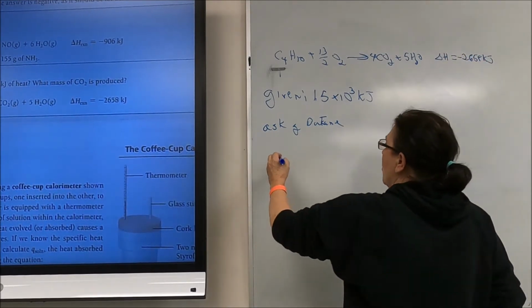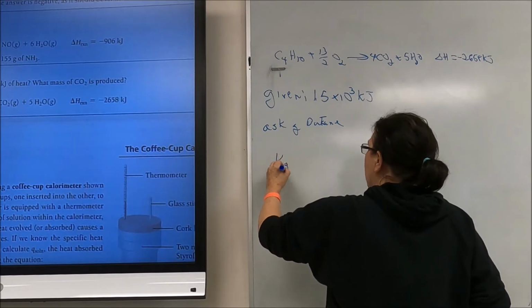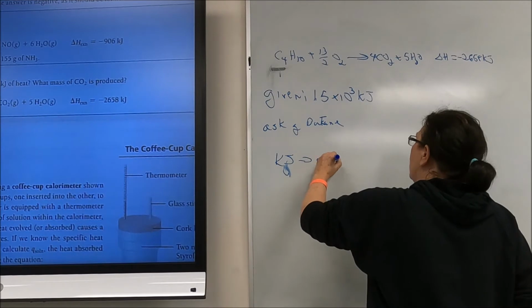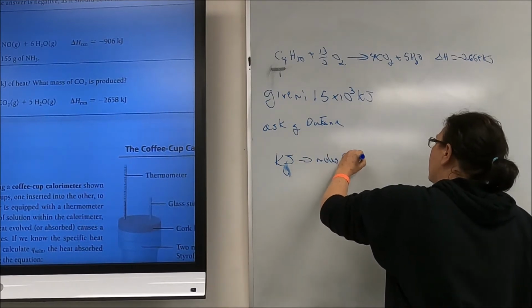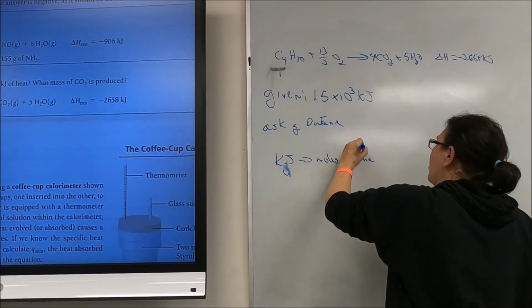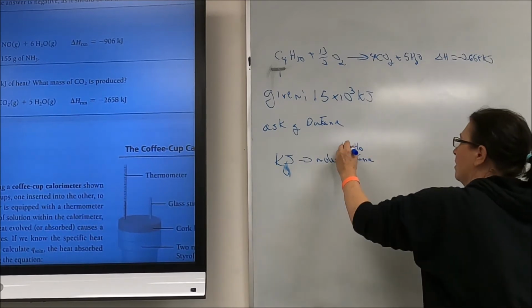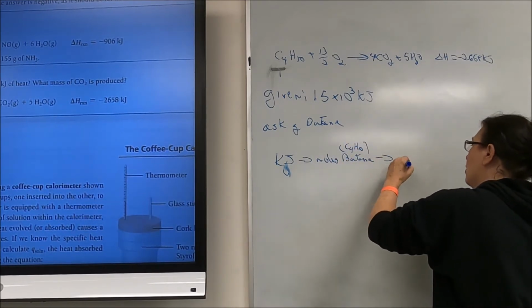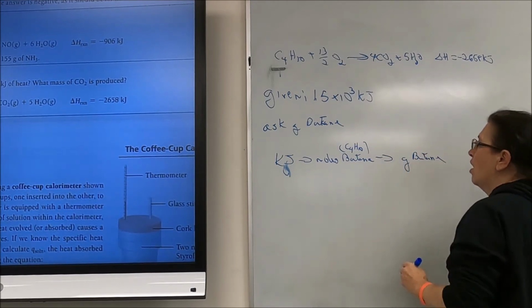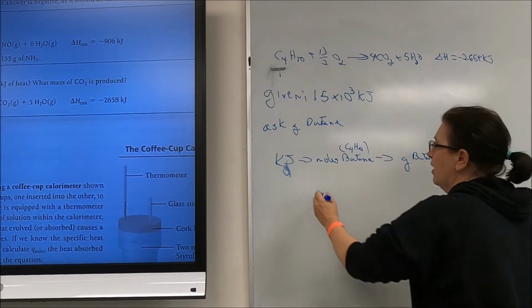Okay? So I'm going to want to go from kilojoules first to moles of butane. And the moles of butane is the C4H10. And then I want to go to grams of butane, because we were asked grams of butane.